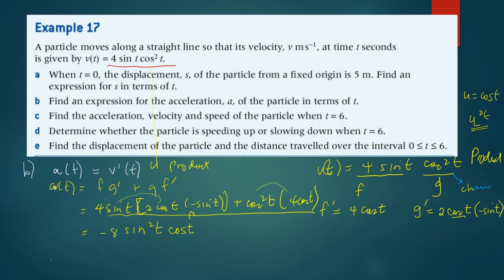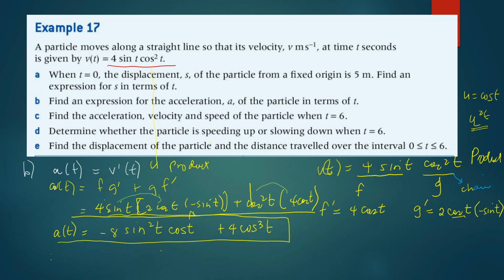And then the other side is equal to cosine squared t times cosine t, which is cosine cube t, and we can put 4 here. Okay, so this is the expression for a of t.